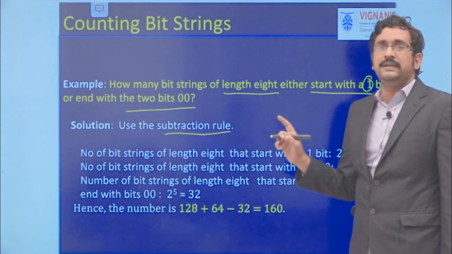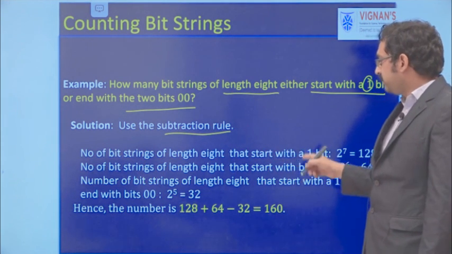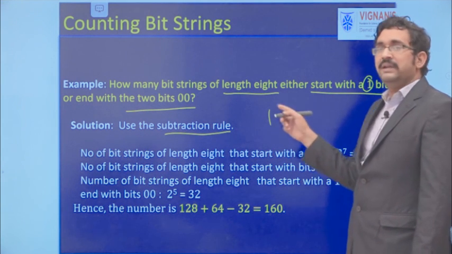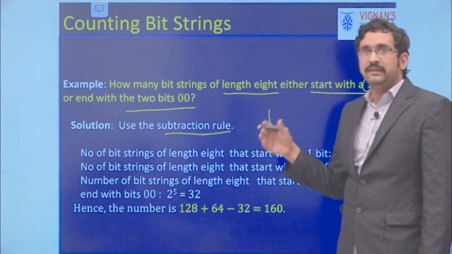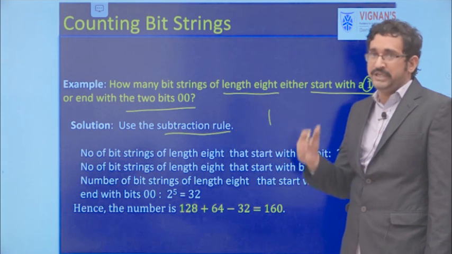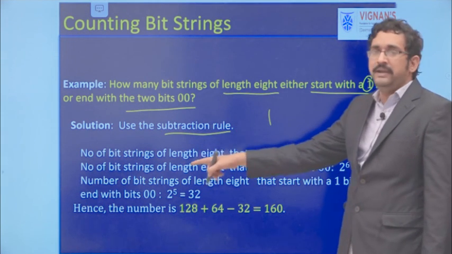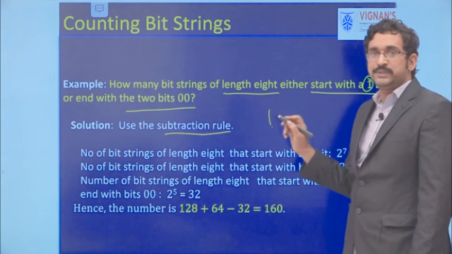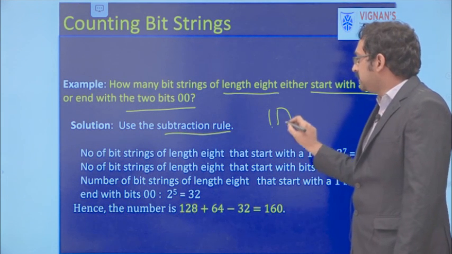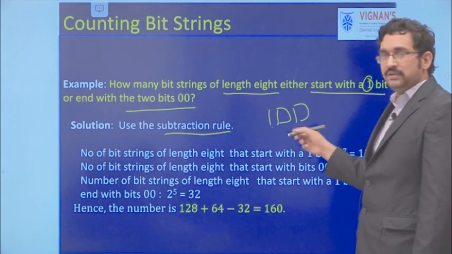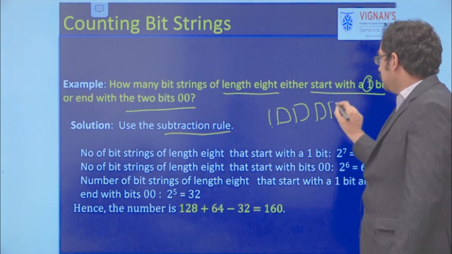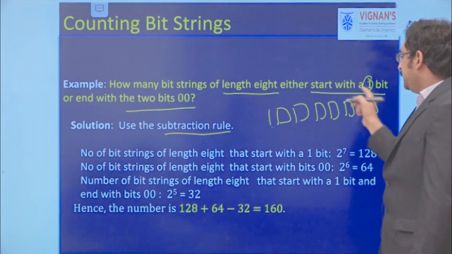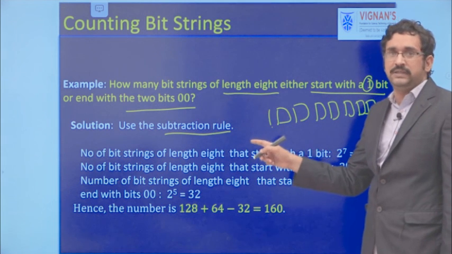First, we will find the number of bit strings that start with 1. The bit string length should be 8. In these 8-bit strings, the first bit is fixed, it is 1.